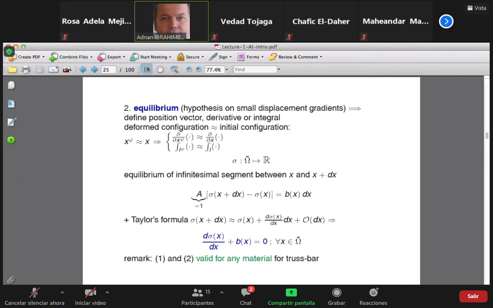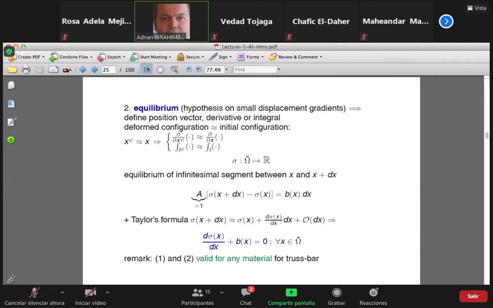However, if the strains are infinitesimal, that means that this deformed x is almost the same as the initial x. Then every time we compute a derivative with respect to this deformed x, here I call this x with index phi, we simply replace it by a derivative with respect to x. And so integration over the deformed length L phi is so close to L that we can simply replace it by integration over L.